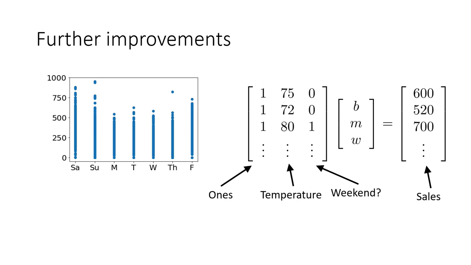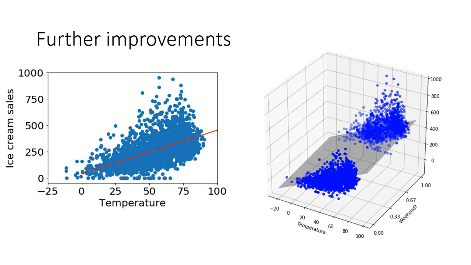In this case, you wouldn't actually get a line since you have 3 variables. What you get is what you might call a plane of best fit. And you see that there's sort of 2 groups of points. Points on one side correspond to weekdays, and the points on the other side correspond to weekends. And we have a linear trend for both, but slightly different lines because we tend to sell more on the weekends.